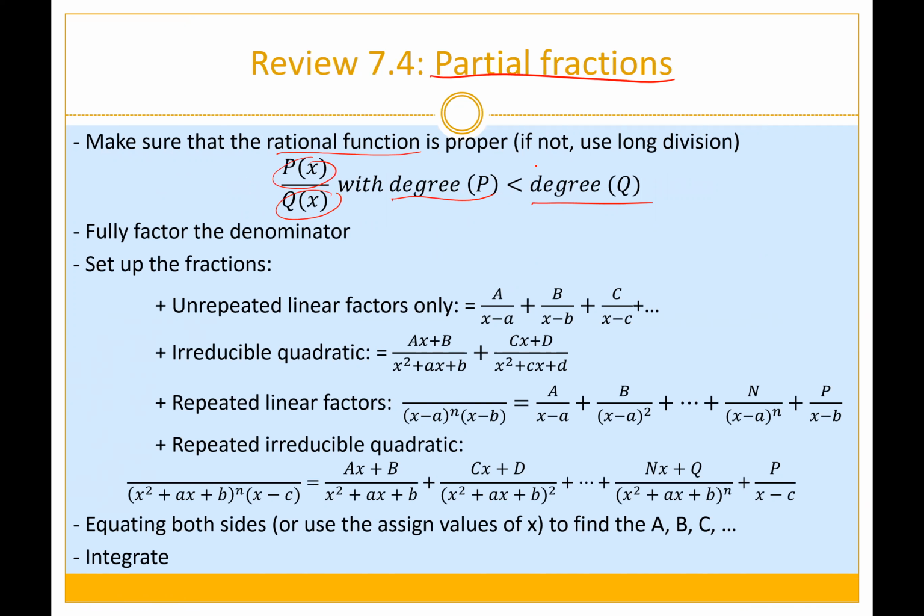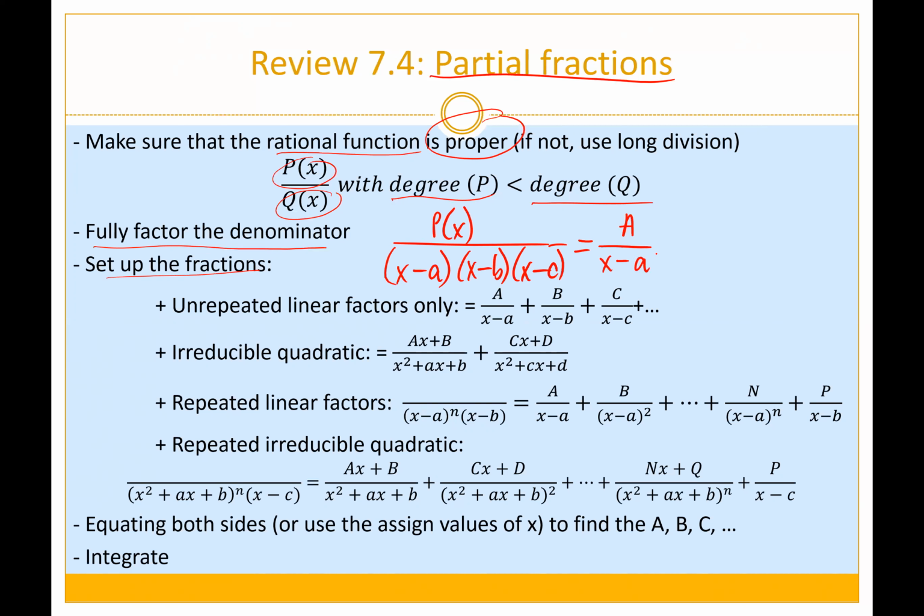So the first step is to fully factor the denominator. After we make sure that it's proper, we fully factor the denominator. Then set up the fractions. So say if you have p(x) over x minus a times x minus b times x minus c, then we put this one in the form of A over x minus a plus B over x minus b plus C over x minus c.